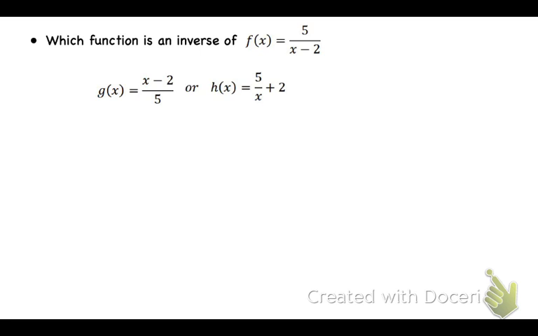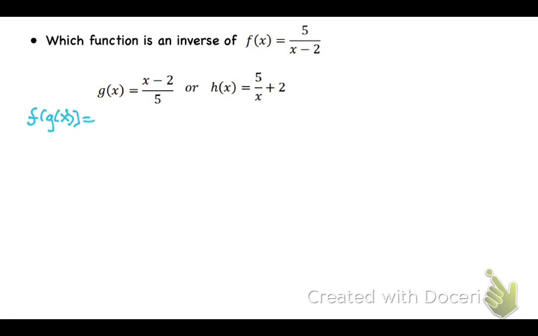G. G? Okay. So when I do this, we're going to do f of g of x. So we're going to put this whole thing in for that x right there, right?